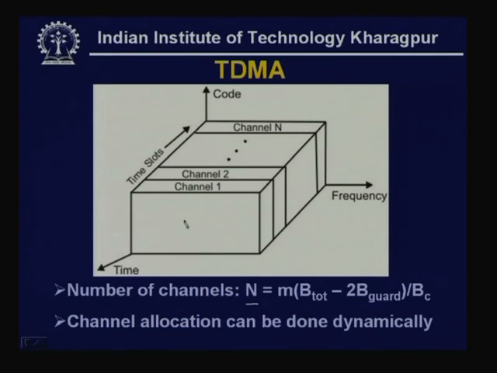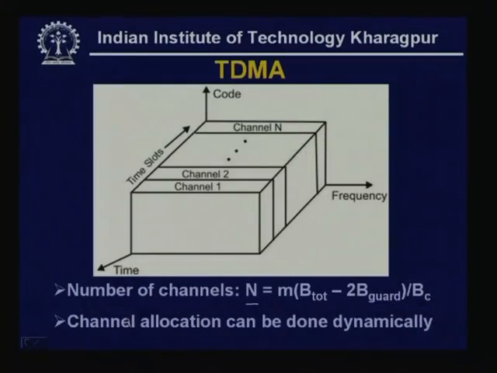Now, just like the case of FDM, that is frequency division multiplexing, here also it is possible to assign the slots to different stations or users dynamically. So, channel allocation can be done dynamically.